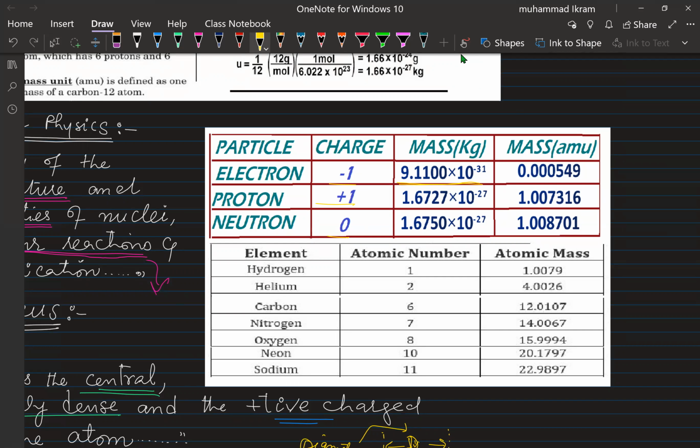Now you know that these masses are extremely small masses. We cannot say difficult, but to some extent it is hard to deal with such extremely small numbers. So to make our calculation easier and meaningful, we usually use the atomic mass units.